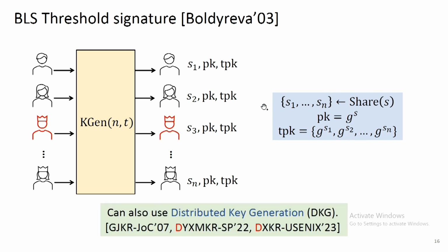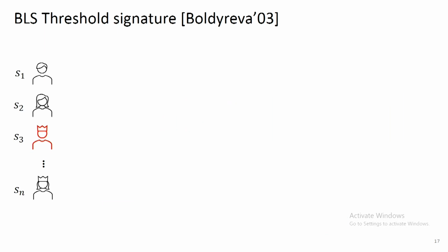We can either rely on a trusted key generation to output these correlated secret keys, or we can also do a distributed key generation. Now we have parties with signing keys, and the VRF computation is as follows. Each party's VRF takes an input, which is the message here, and they compute sigma I, which is the hash of the message raised to this individual signing key.